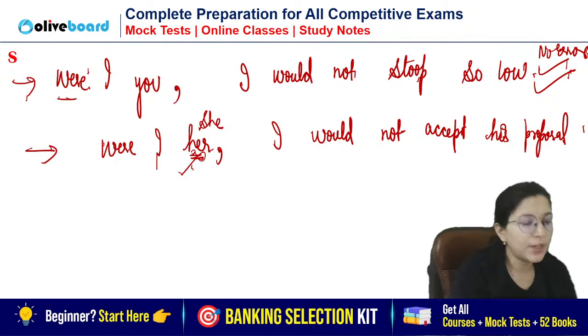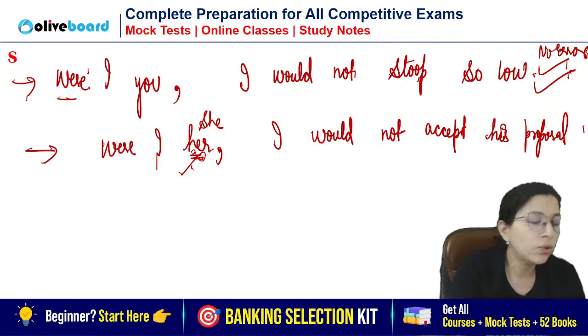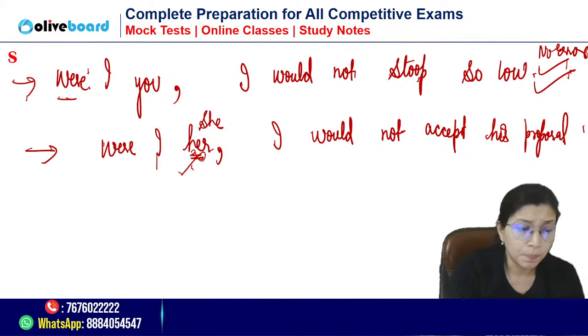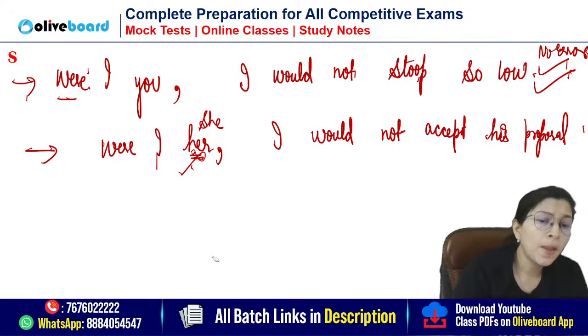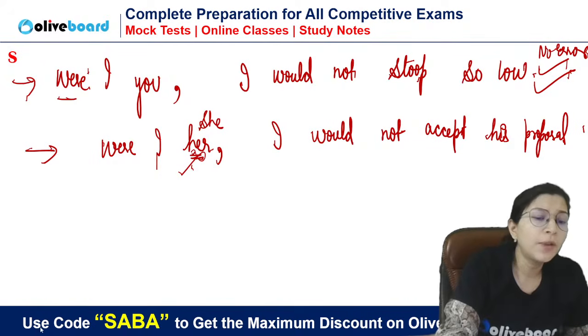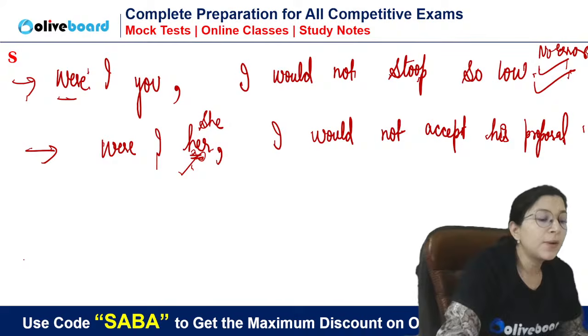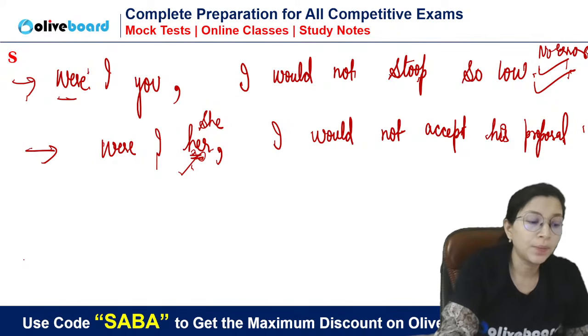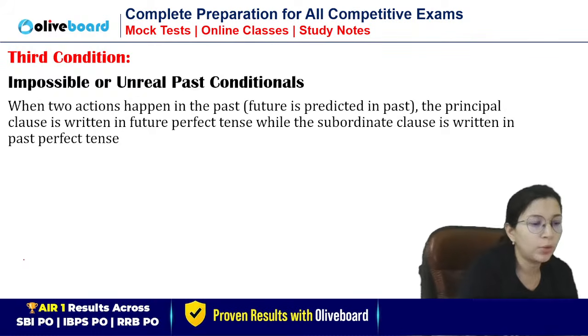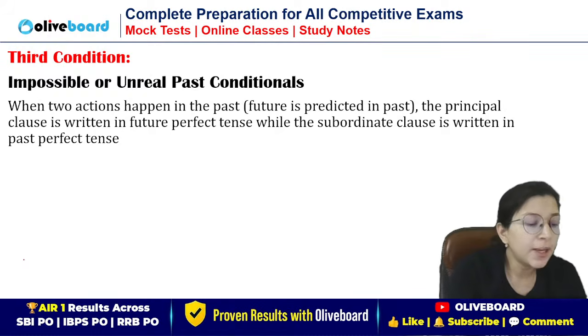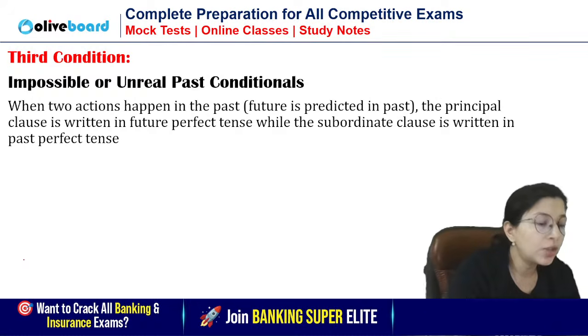Now, see, first condition, second condition you have studied. Now, third condition. Do you know where the actual confusion lies? Actual confusion is not in between first and second condition. The actual confusion lies in between second and third condition. जो मेन प्रॉब्लम होता है ना वो थर्ड कंडीशन और सेकंड कंडीशन में होता है. See, second condition is what? Improbable condition. And third condition is what?